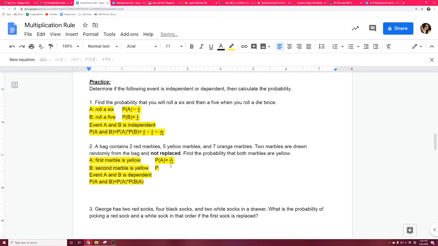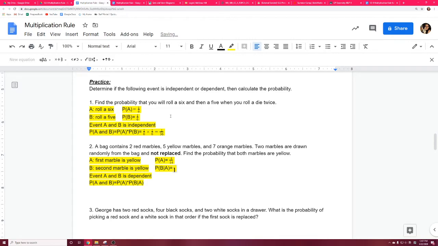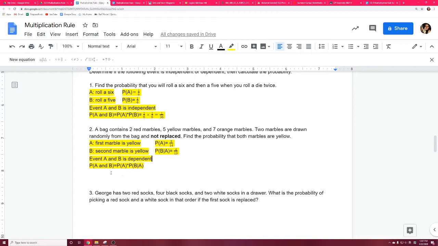Second, we find the probability of B when A already happened. Then the total reduced to 13 marbles. On the top will be how many yellow marbles are left. Since you already took a yellow marble out, you only have 4 left in your bag. So your probability is 4 over 13.